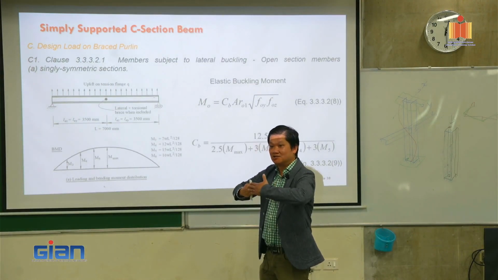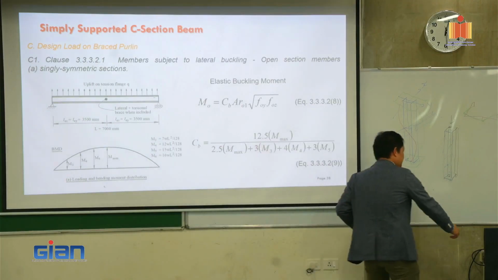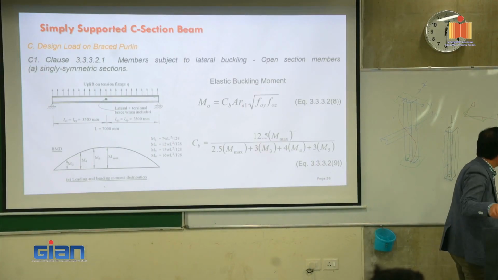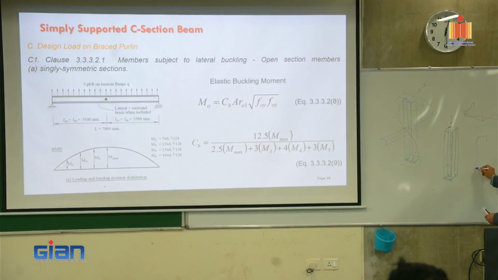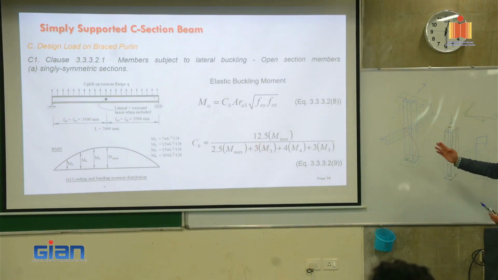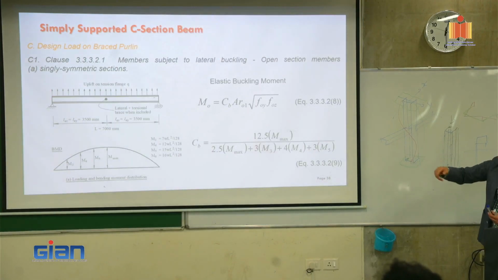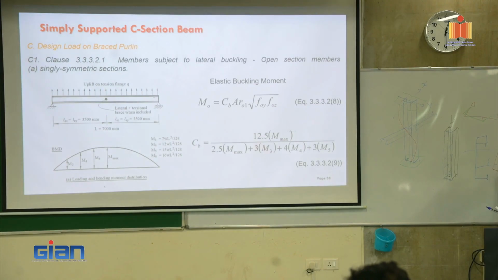So imagine this is a C section, this X, right? If it buckles up and down, and then if you don't have the lateral restraint, what happens is it's going to buckle sideways and twist.